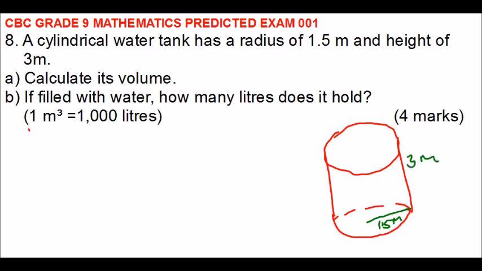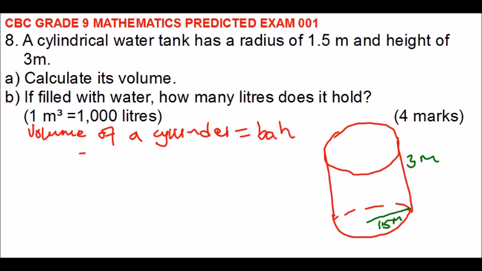How do we find the volume of a cylinder? So volume of a cylinder is equal to base area multiplied by height. You can use maybe small a, base area multiplied by height.